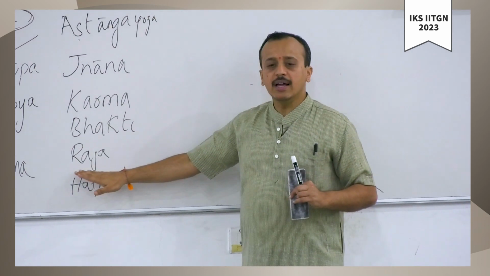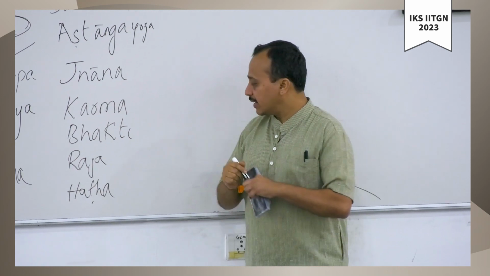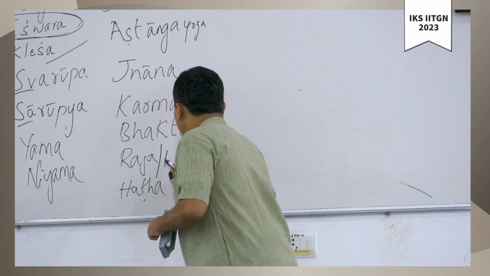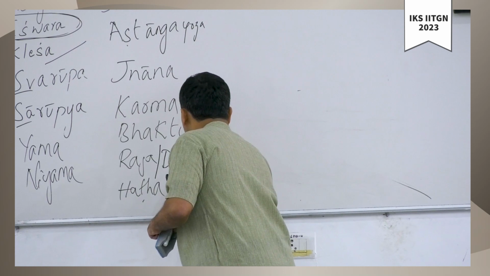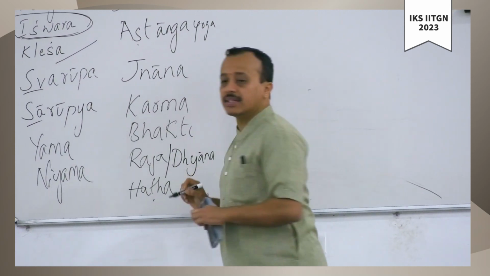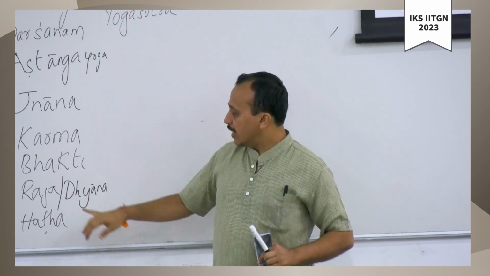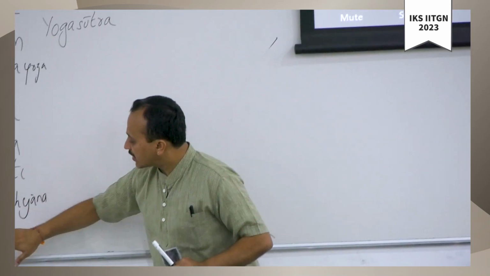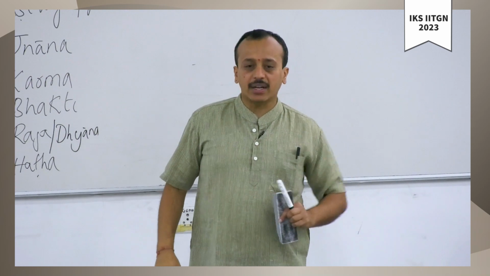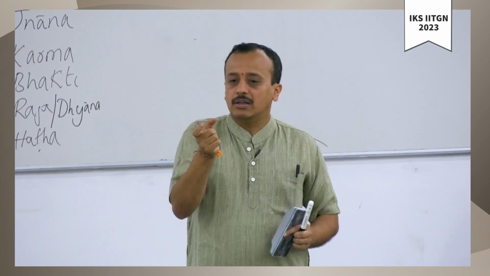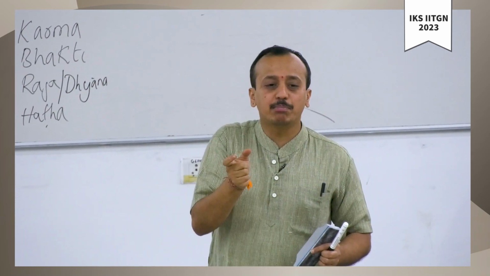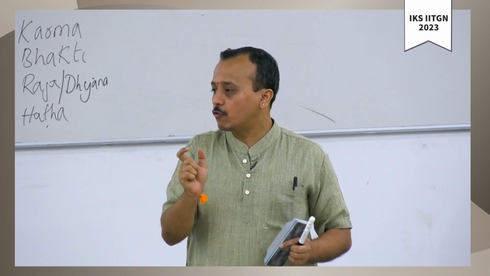And then Raja Yoga, interestingly, is also called Dhyana Yoga. We saw it in the Gita yesterday. The name of the 6th chapter of the Gita is Dhyana Yoga. Or let me keep it aside, let me go to the Hatha. The meaning of the term Hatha is by force, by application of force.